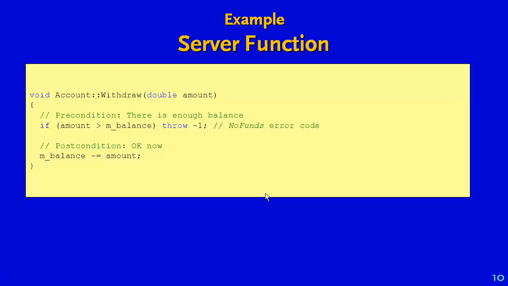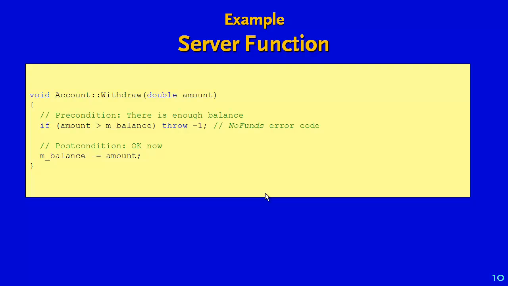So here is a server function. Somewhere you will have clients accessing the withdraw function of the account class, which we mentioned already. So you want to withdraw some money. Your balance, m_balance, is the amount of money in your account. The precondition is if the amount is greater than the balance, you're not allowed to take money out of the bank if you don't have it.